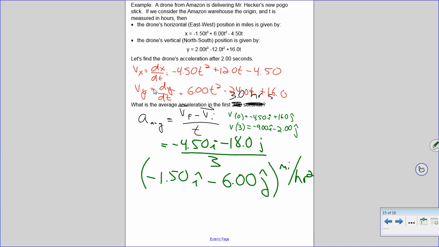And I'll be honest, my thinking is probably after this chapter, if it's easier to leave it in unit vector notation, you can leave it that way. But this chapter, I need to know that you're comfortable going back and forth. All right, are we good?